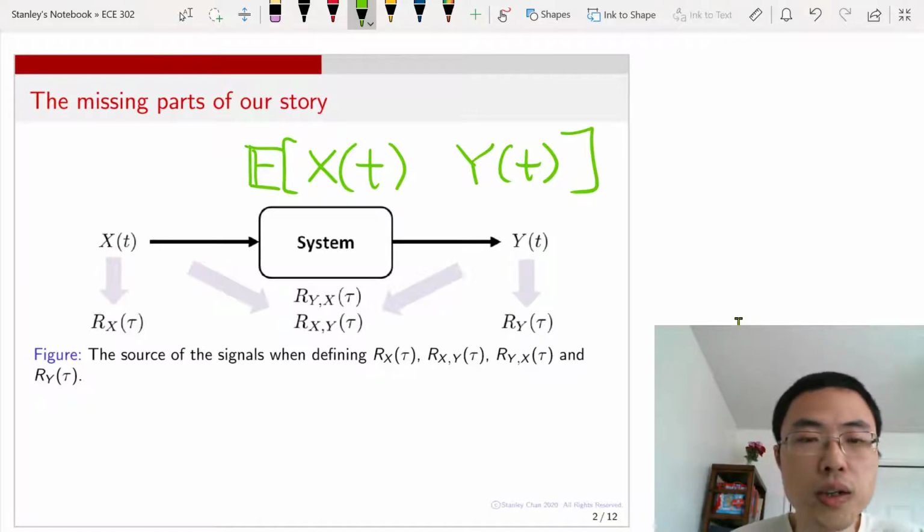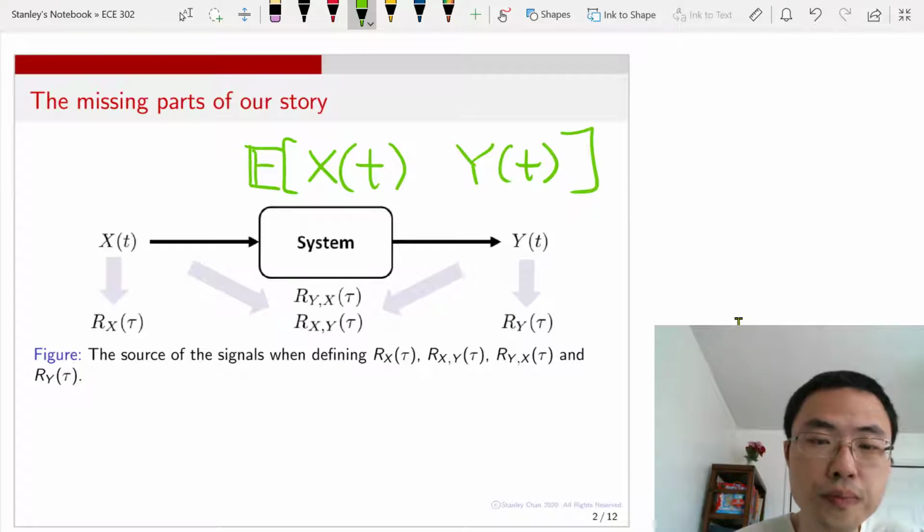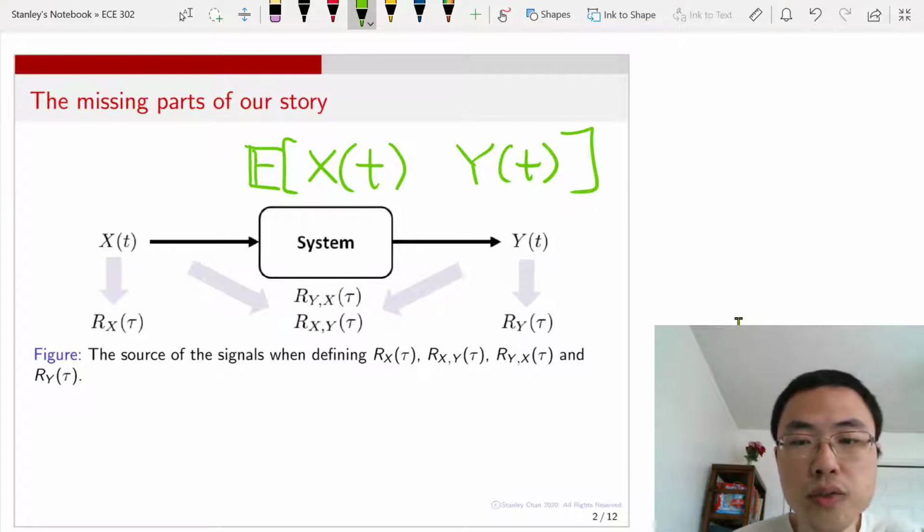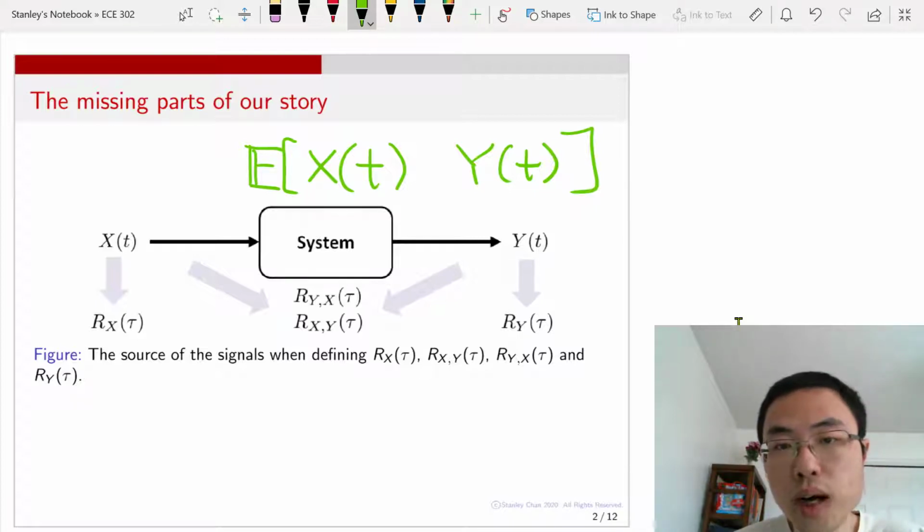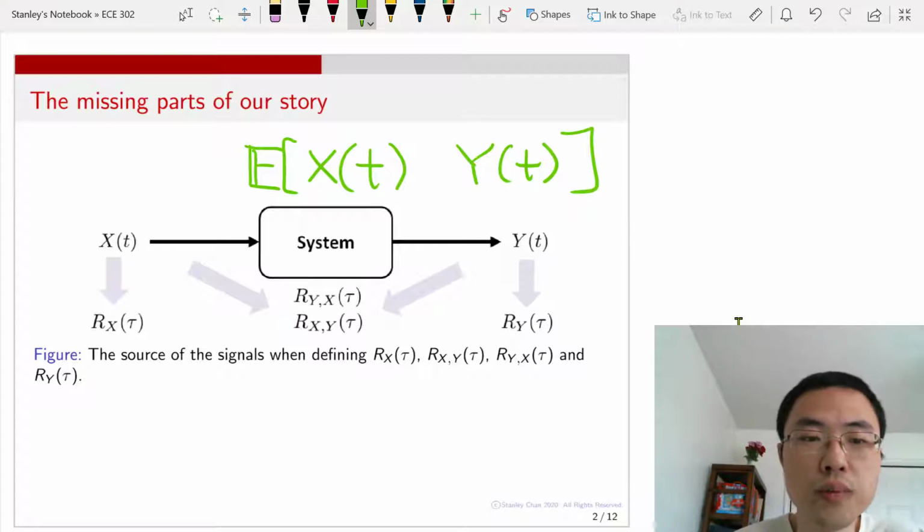This is really talking about the correlation between two random variables, one is x of t, the other one is y of t. And because my y is not an arbitrary y, this should give me some information about how this x is translated to give you the y.